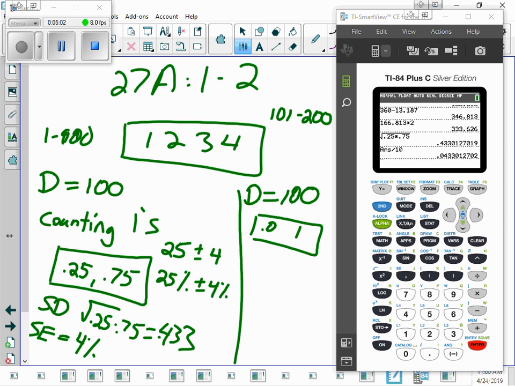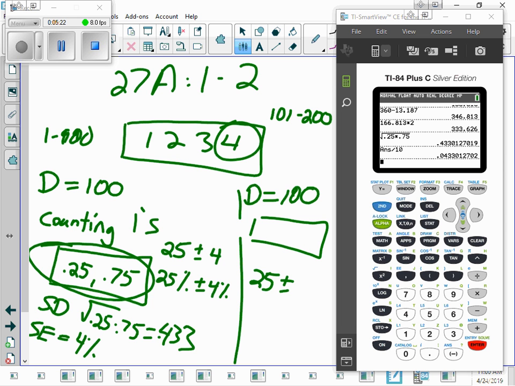I think what they meant was the number of 4s. So if I'm counting 4s, then I'm essentially reusing this box, because counting 1s is no different than counting 4s. So we end up with 25 plus or minus 4 again.